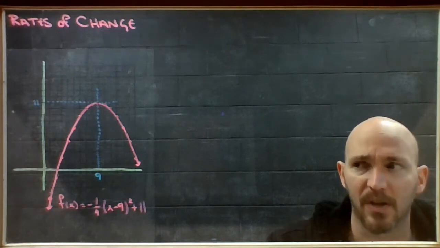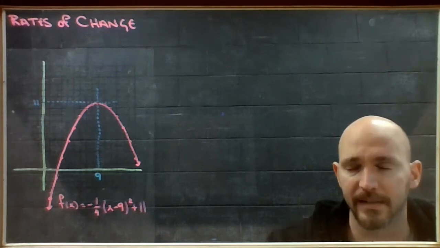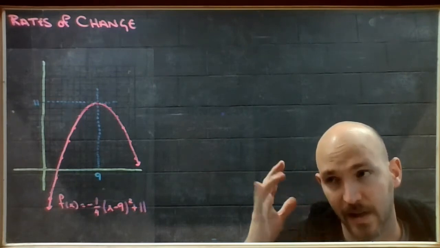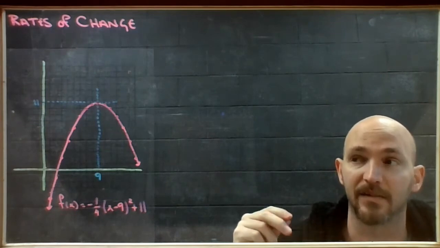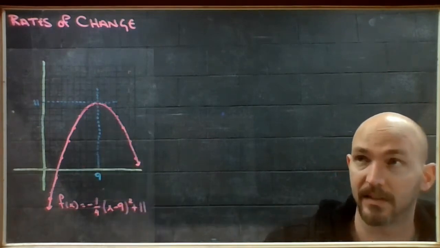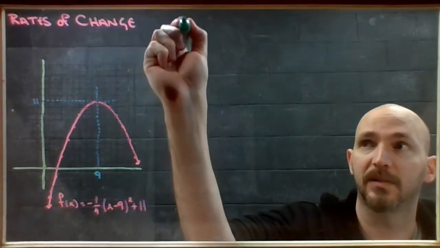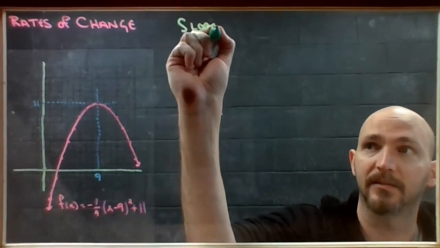So the thing I'm going to start with to get this done is the slope of a secant to this line. So let me jot that up there. Slope of a secant.